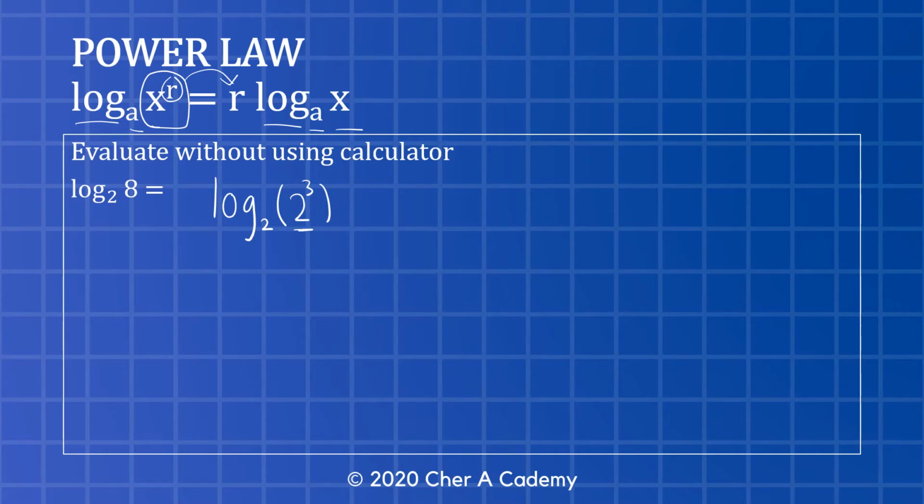It's because later I can bring the power to the front, and I'll be left with log base 2 2, which is a special log form to make it 1. So bringing the power to the front, I have 3 log base 2 2, and log base 2 2 will give me 1, and I have my 3 in front, so 3 times 1 gives me 3.